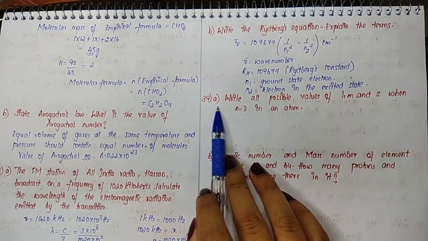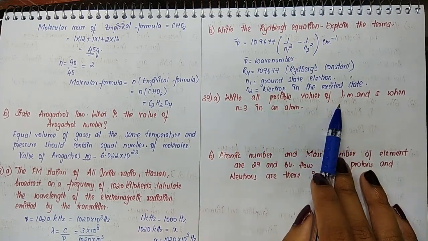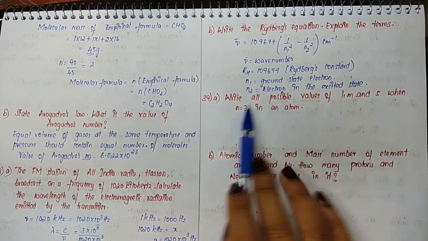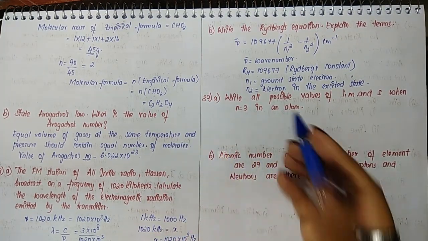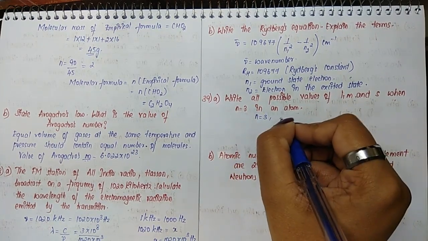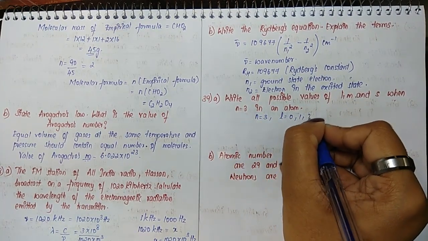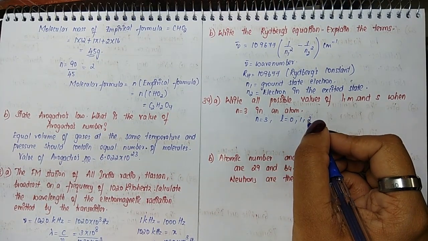Now for this question, that's question number 39. A part, write all possible values of L, M and S when n is equal to 3 in an atom. So n value is given to us. So here we can write when n is equal to 3, L is equal to 0, 1 and 2. Okay, so these are the three L values.